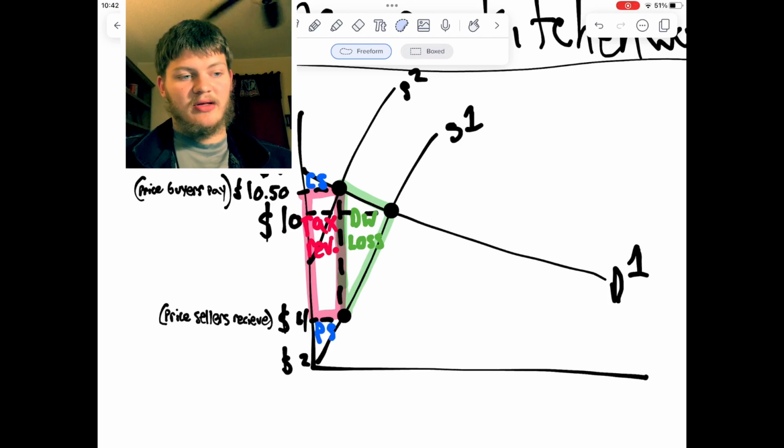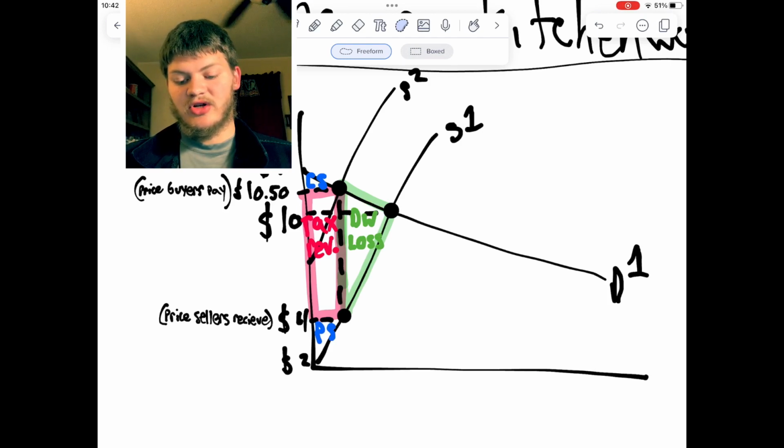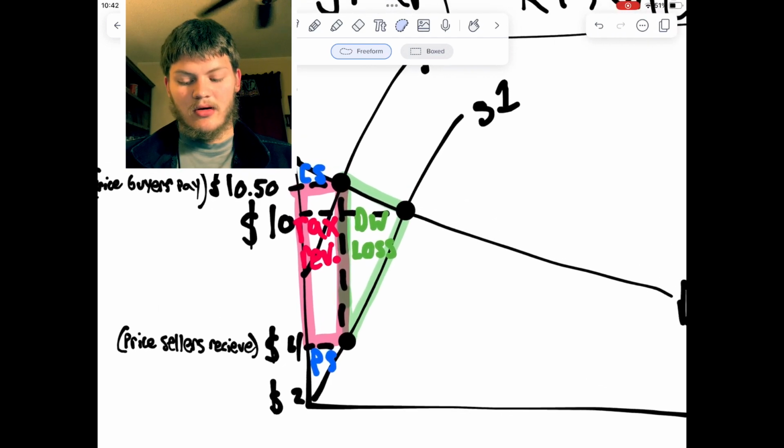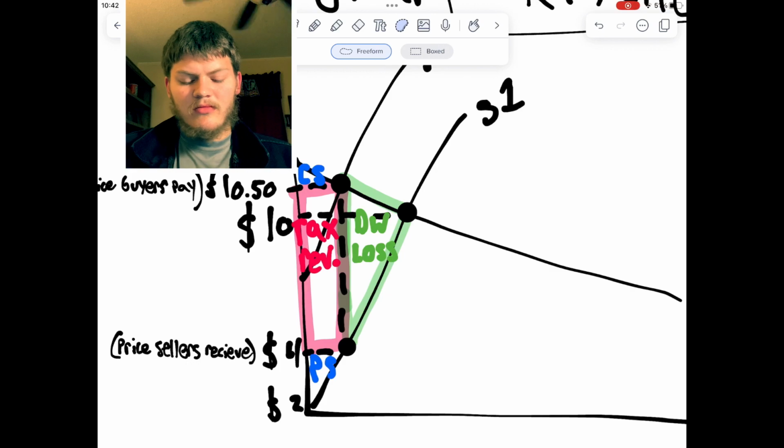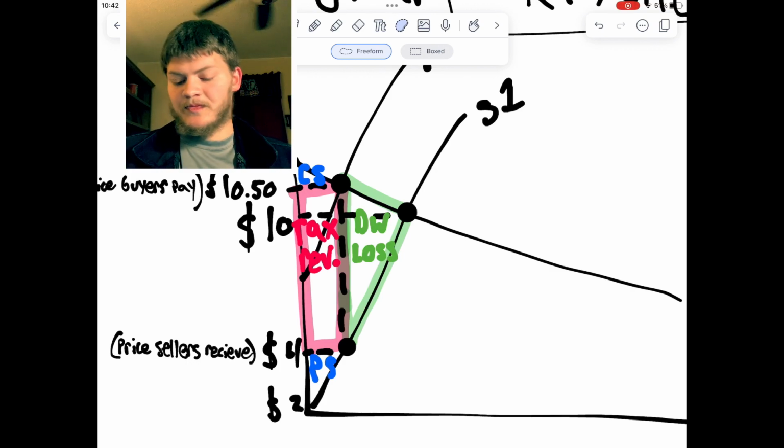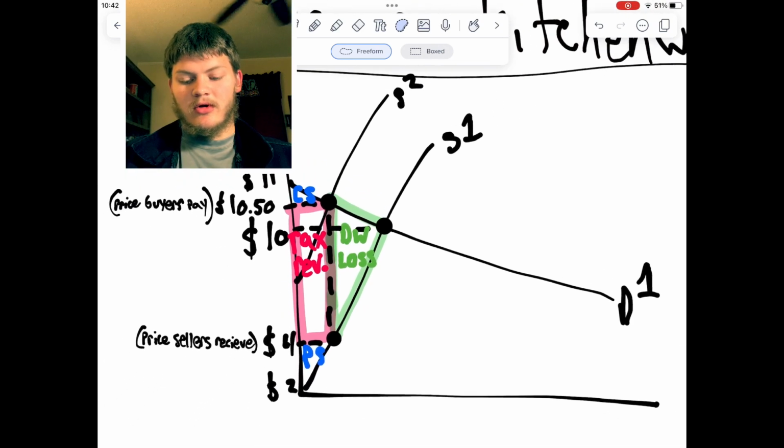Taxes spur changes in the market, but because those changes aren't reacted to by the suppliers, at least, they're going to stay in.